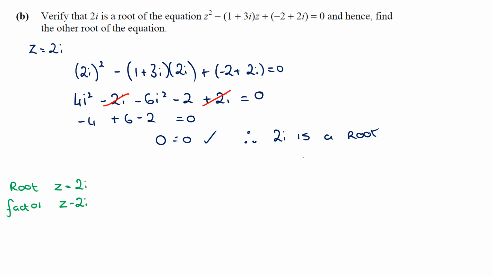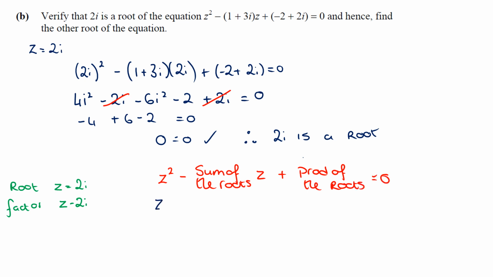So what I would be using is z squared, this little shortcut, minus sum of the roots z plus product of the roots. And this is really, really helpful for these kind of questions. So what we have is z squared minus (1 plus 3i) z plus (minus 2 plus 2i) equals 0.